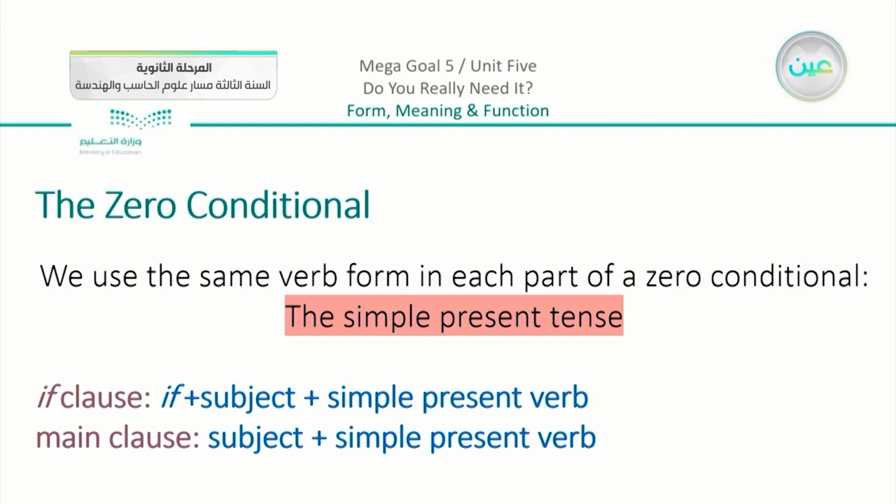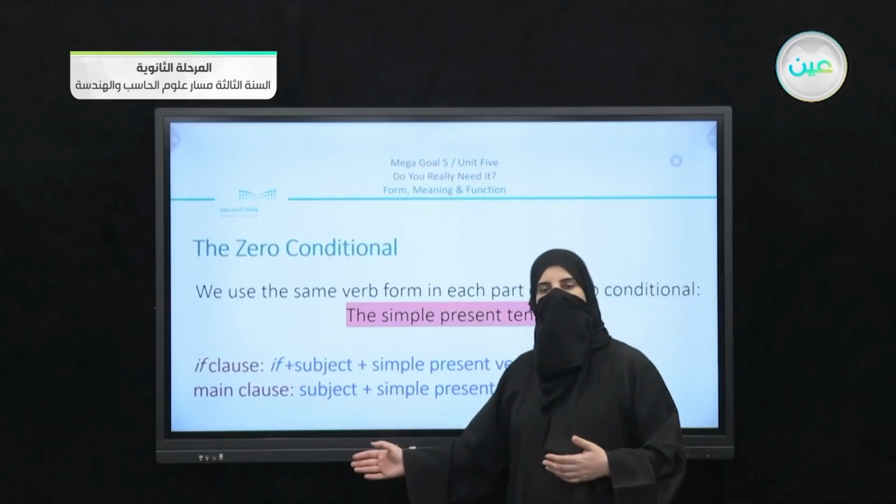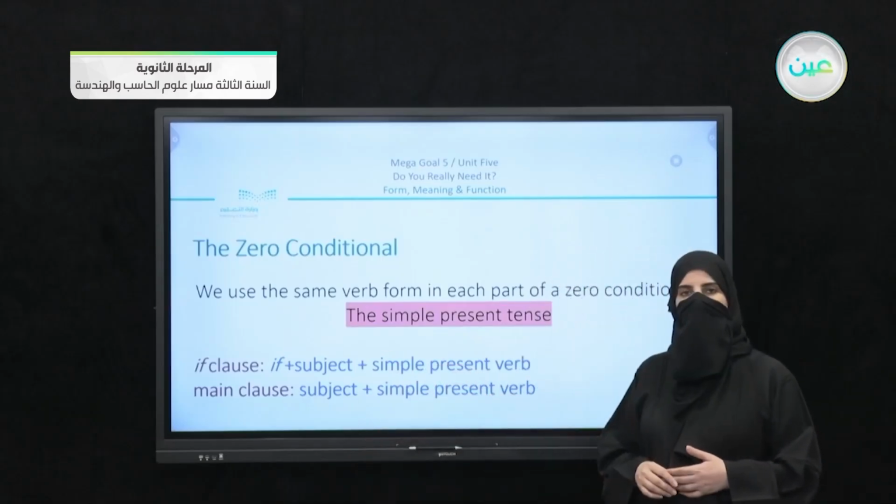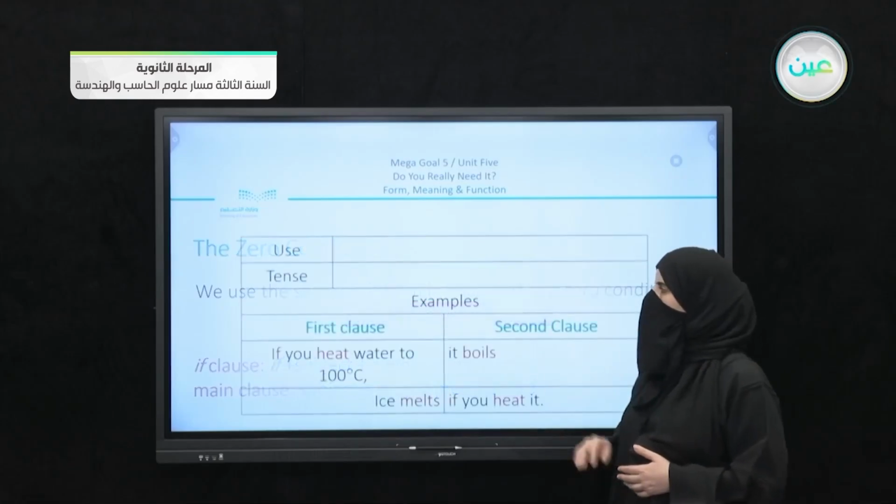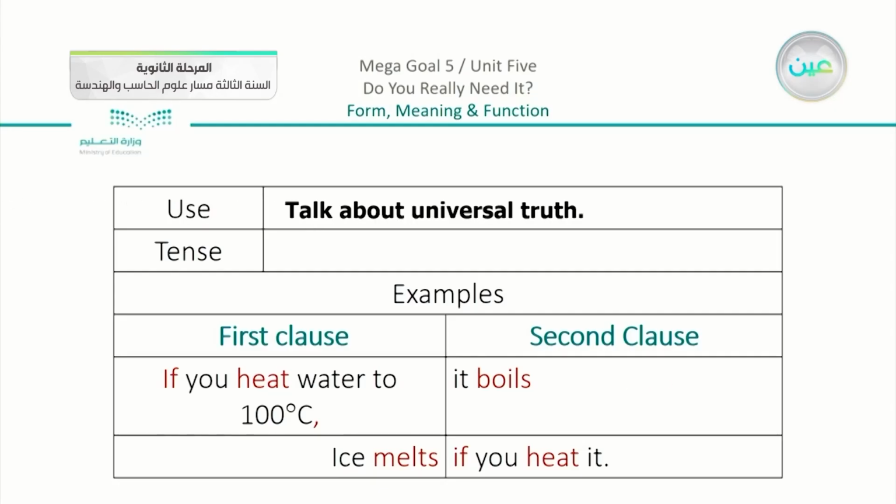We use the simple present tense, which means we have two clauses, the if clause and also the main clause. The if clause is used with the subject and the simple present verb. The main clause is also used with the subject and the simple present verb. So just to make it very clear, we are talking about universal truths or facts in general. We are using the present tense in both clauses, both parts.